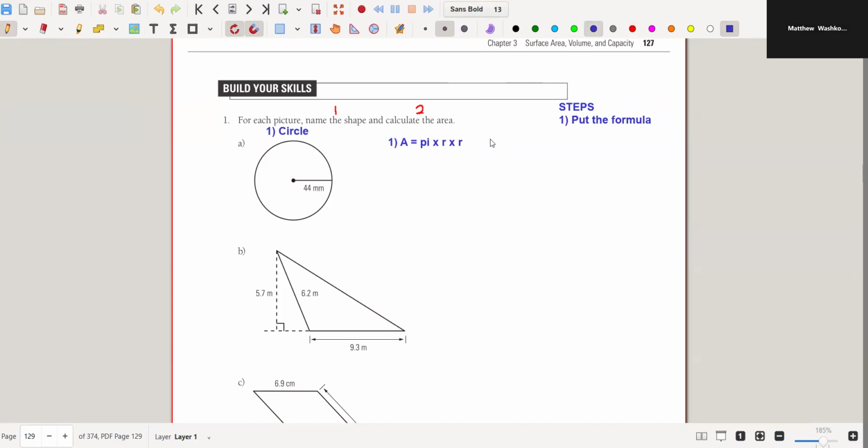Or pi r squared. Same thing, these mean the same thing. The next thing you need to do is substitute. This is what good work is going to look like. This is what I'm going to be checking for. So your area equals, again, pi times the radius, which is 44 millimeters, times 44 millimeters.